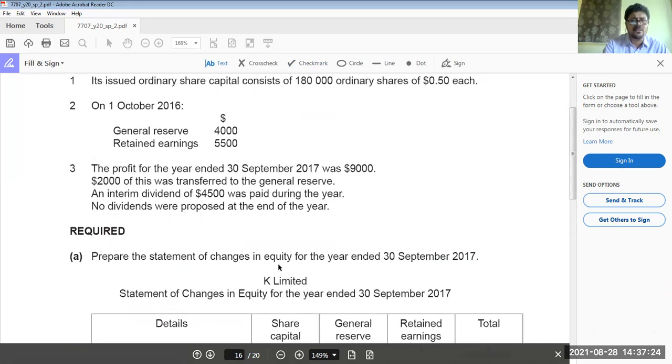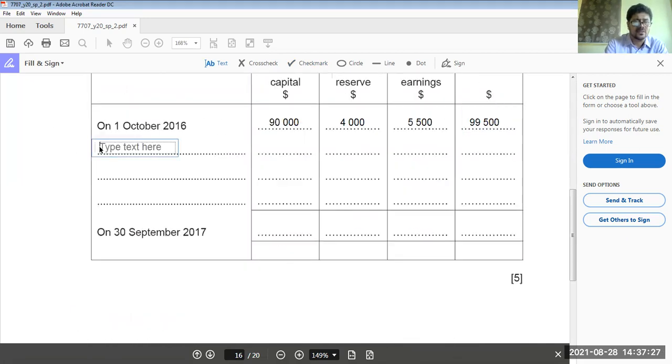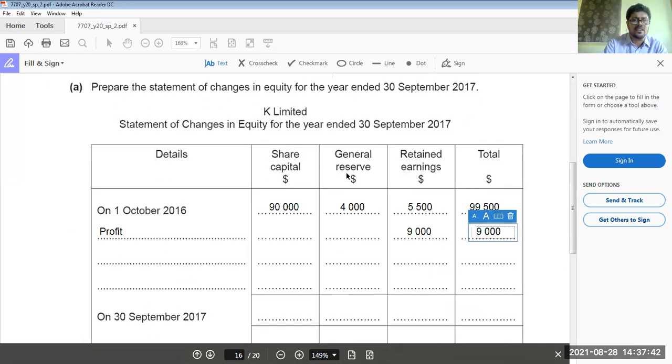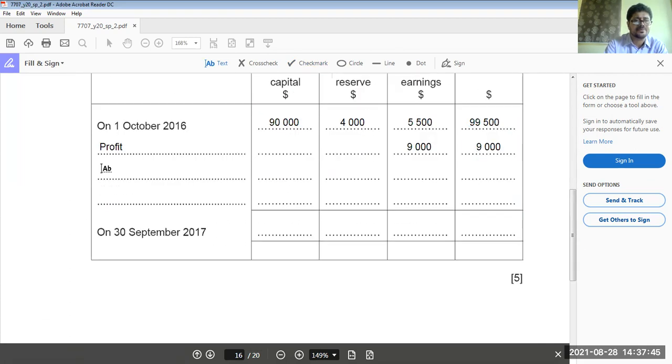Now, the profit for the year was 9,000. So we'll write over here profit. 2,000 was transferred to general reserve. So general reserve is going to be added by 2,000 and retained earnings is going to be reduced by 2,000. So this is not going to affect the total of the equity.